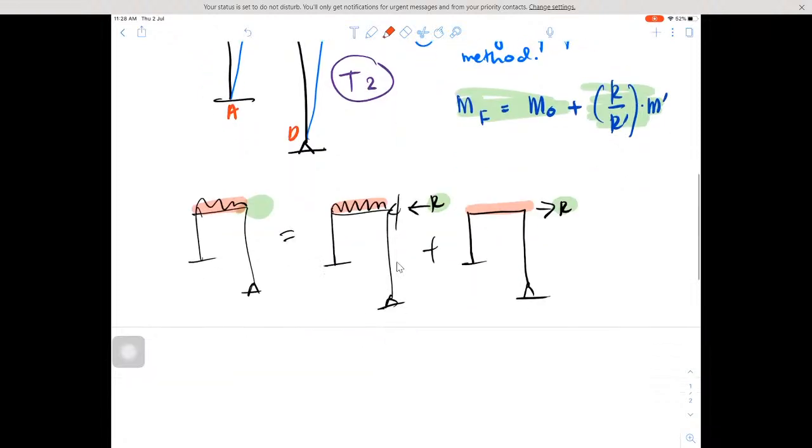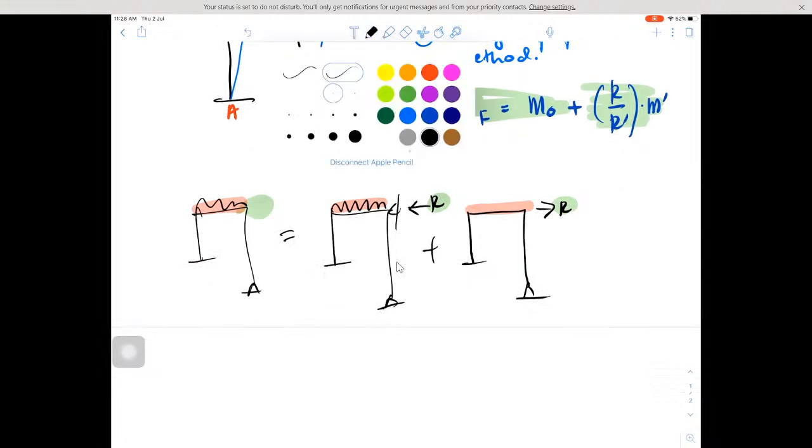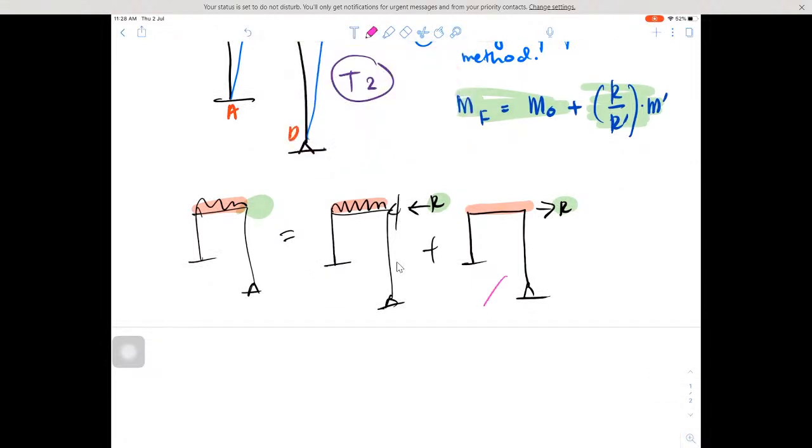However, we cannot analyze this one directly.